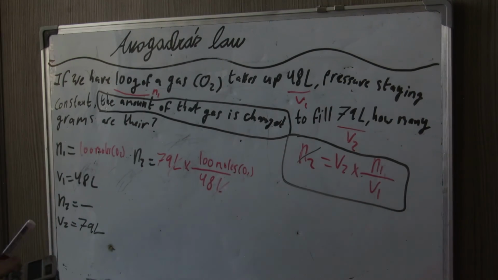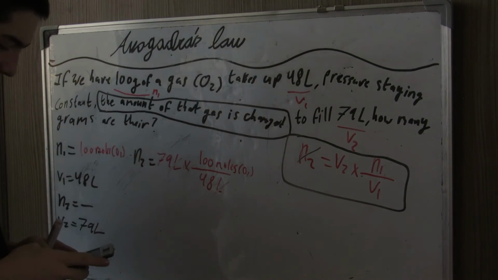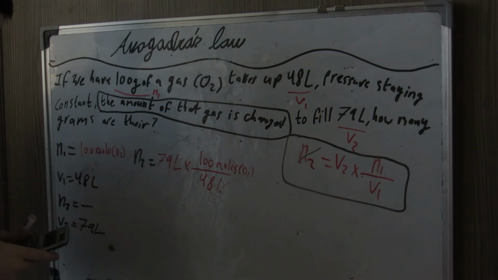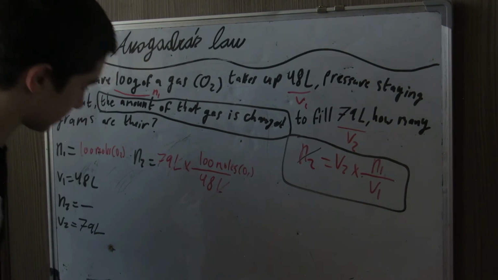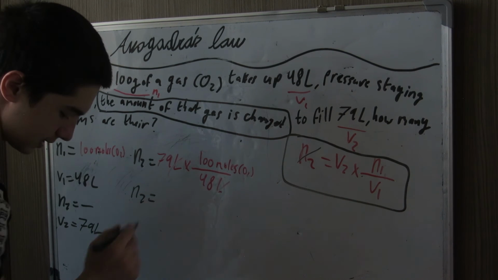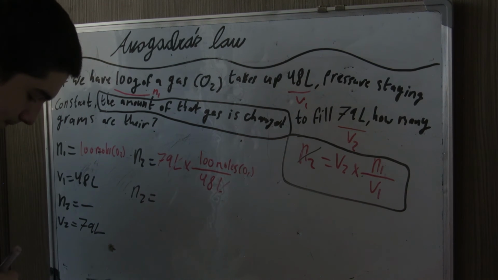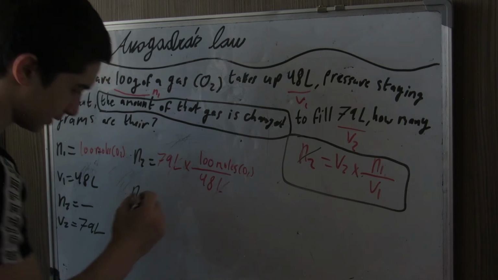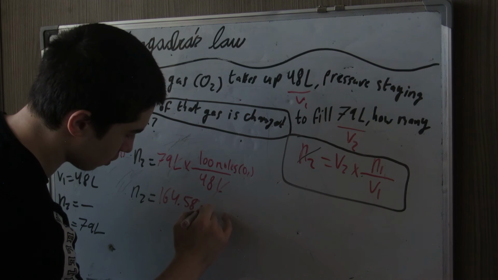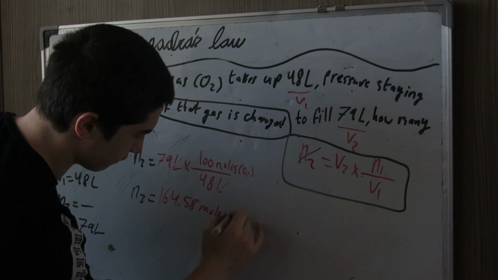So to do the math, we write 79 multiplied by 100 divided by 48. The answer that we're going to get is simply N2 equals 164.58 moles of O2.